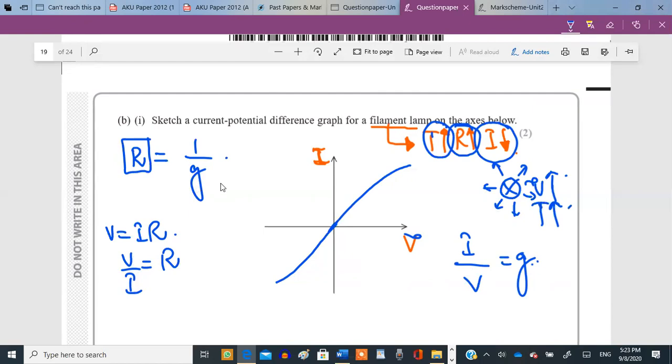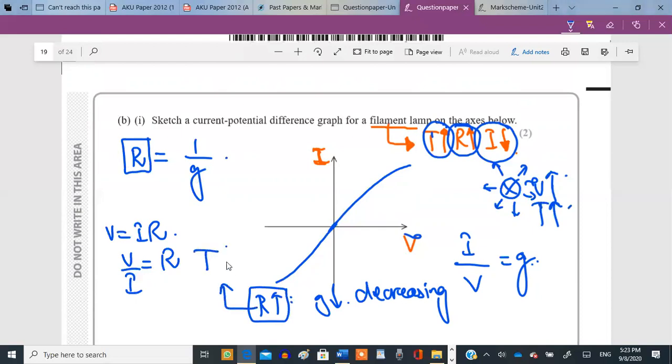So now, as we go to a greater voltage, the gradient of the curve starts decreasing, right? The gradient decreases means the resistance is actually increasing because they have a reciprocal relationship. So why is the resistance increasing? That's because of the increase in temperature.